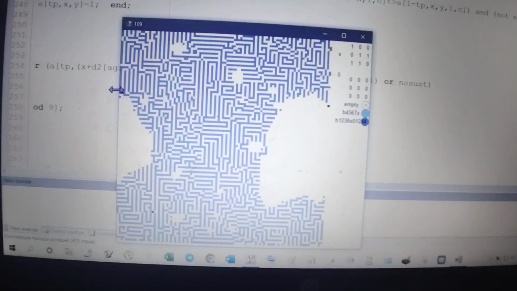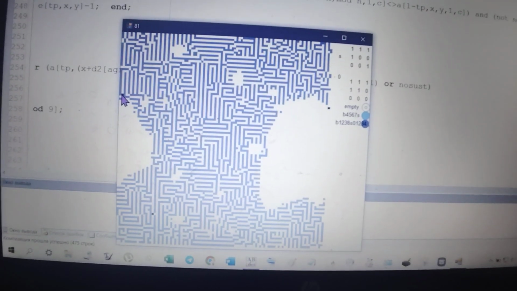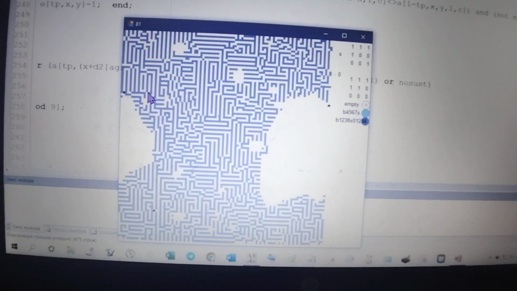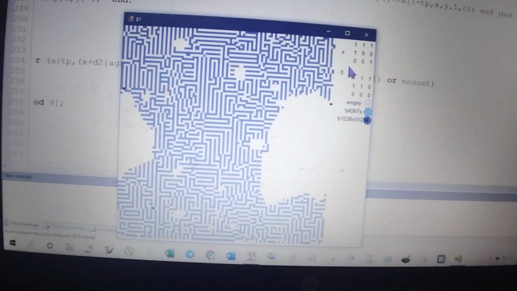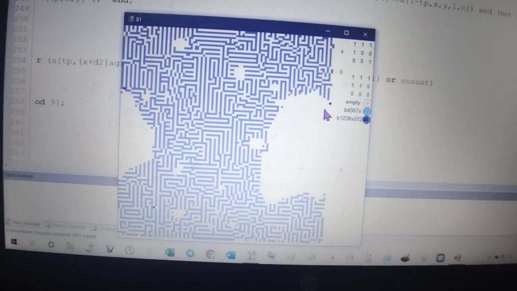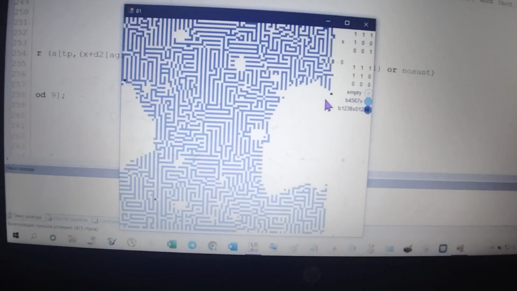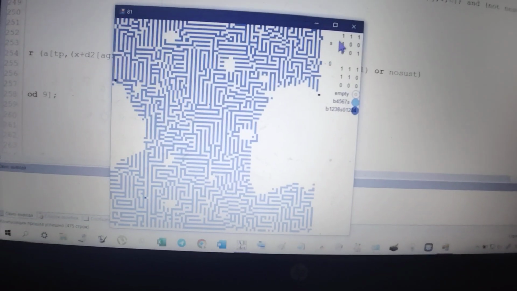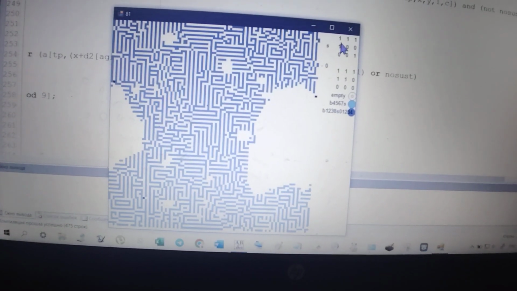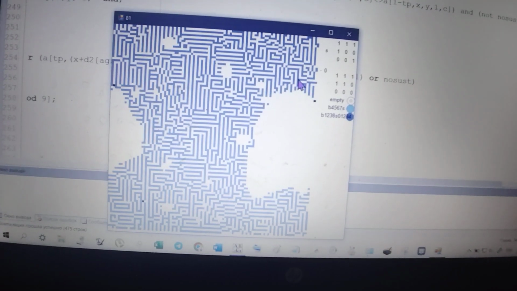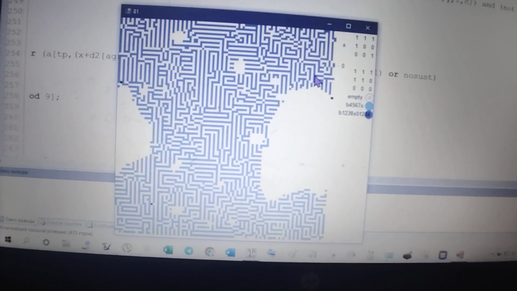It is achieved by having genomes for every cell. So, for every single cell, there is a genome that consists of 18 points, 18 bits. The first, the index 0, is the living state of the cell.